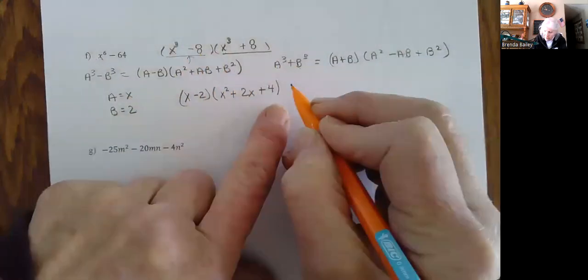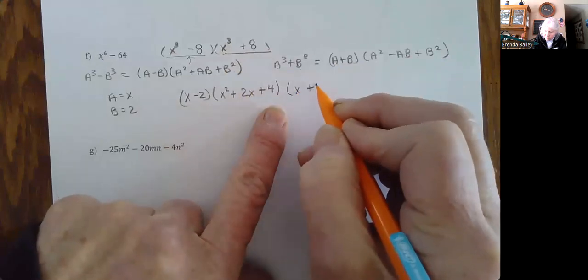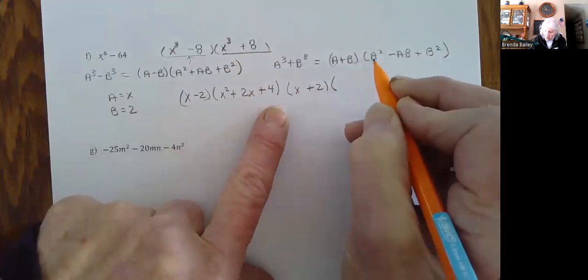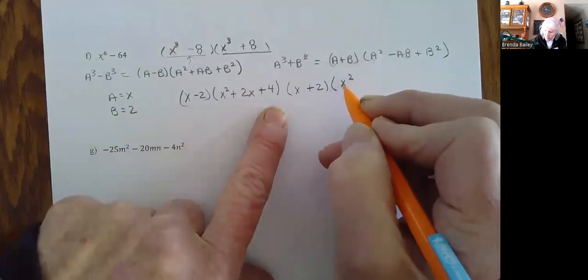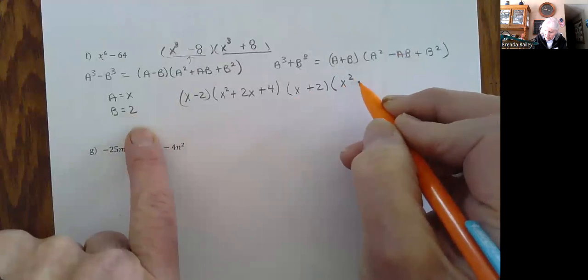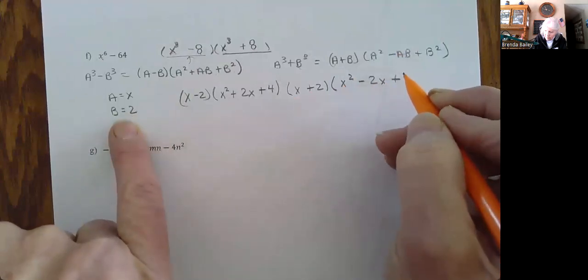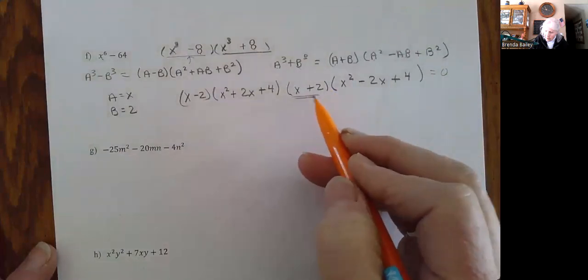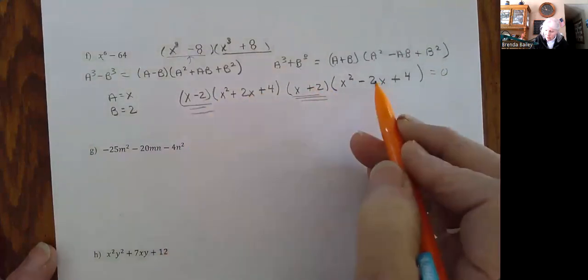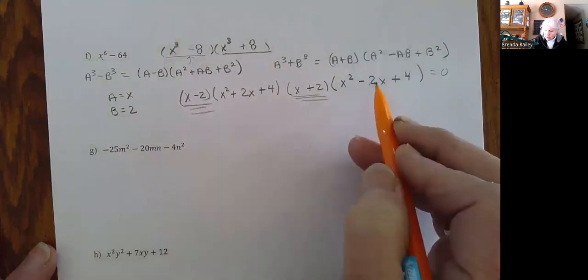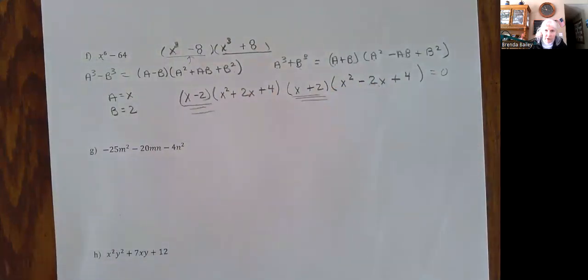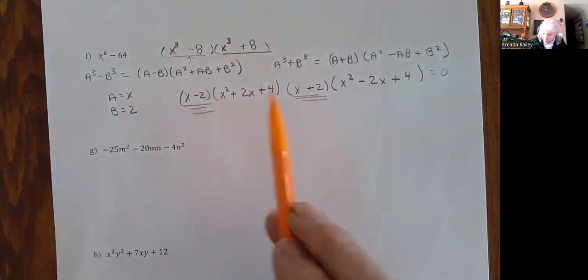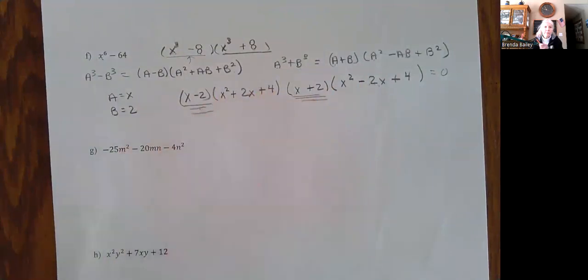Over here, I've got x plus 2, square the x, multiply the a and the b, so you get minus 2x, and then you square the b. And then you're done. So if this were set equal to 0, we would only do this one and this one. These are not going to be dealt with until later. So you just have those two right here as far as being factorable and solving. Okay, great.